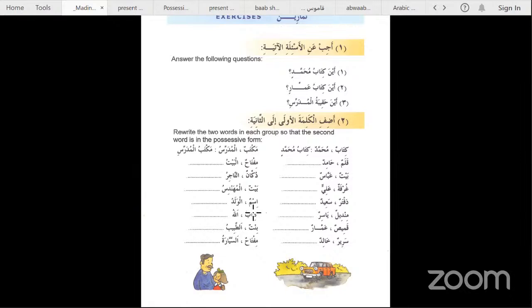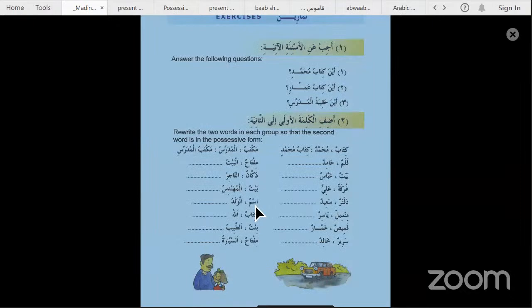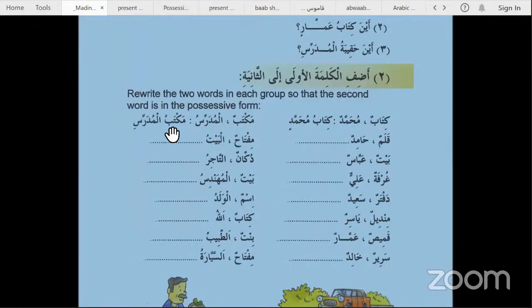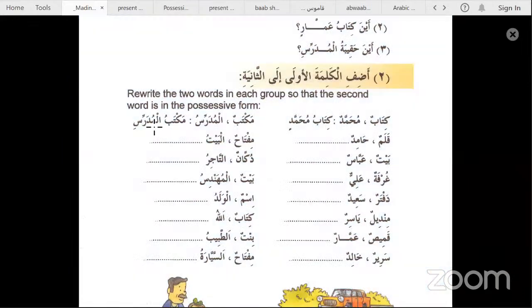اسم ولدي. So no, ismun. The dhamma tanween is dropped. اسم. Yeah, the tanween. So it becomes what? اسم ولد. The dhamma tanween is dropped, sister, and it's only one dhamma, like maktabul mudarrisi. Originally it was maktabun, but when it's mudaf ilay, then the tanween is dropped.